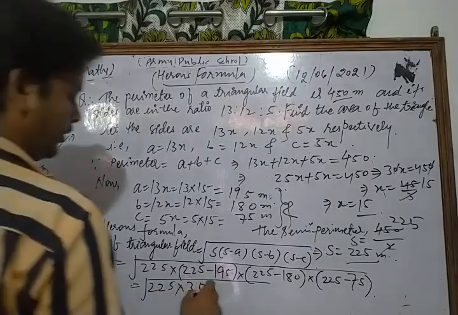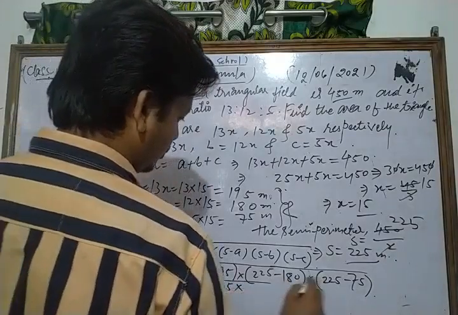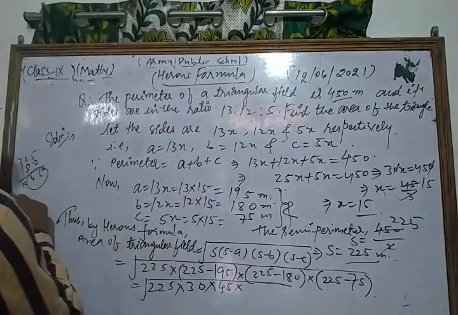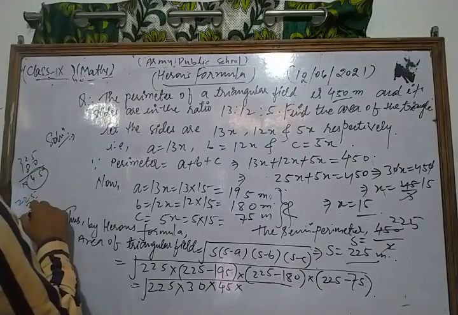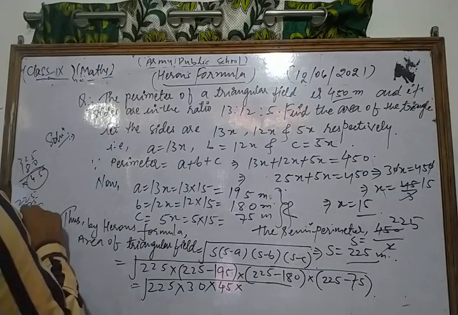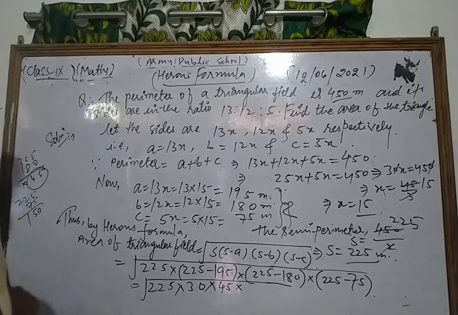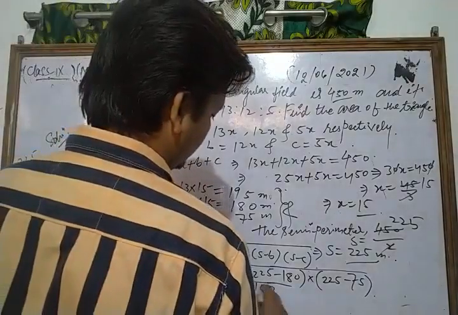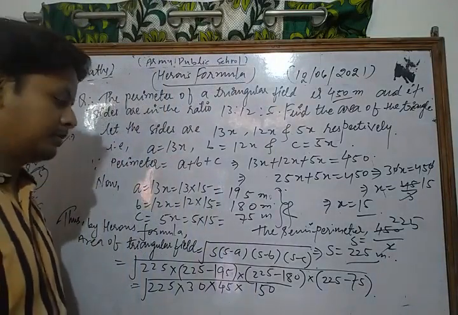Here 45 is left, into 225 subtracted by 75, that is 150. Okay, now we simplify them.